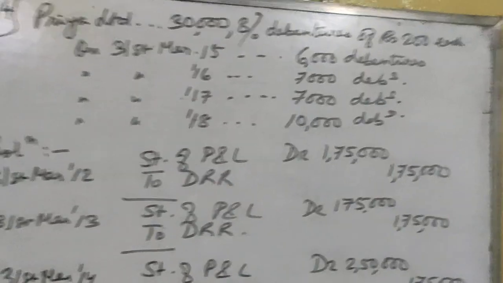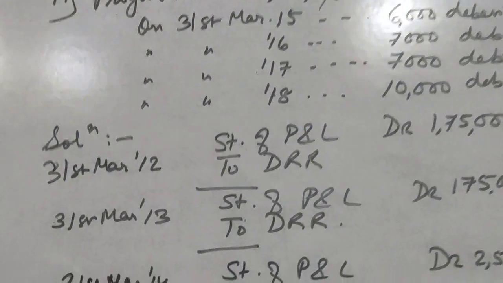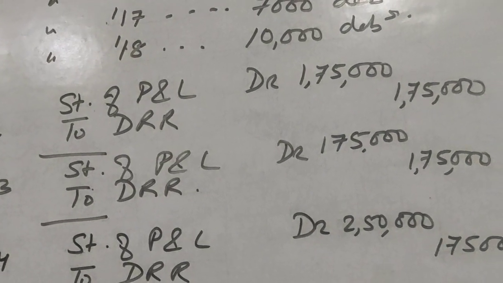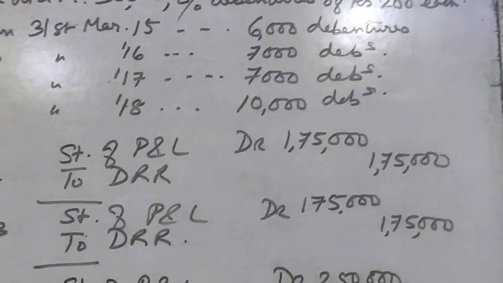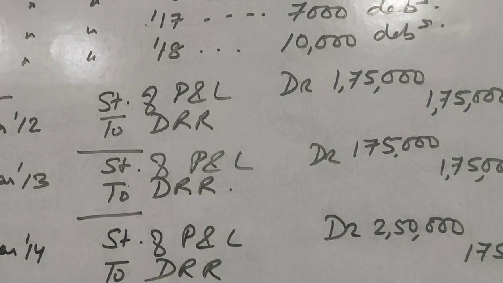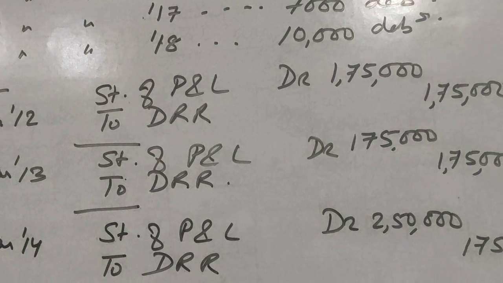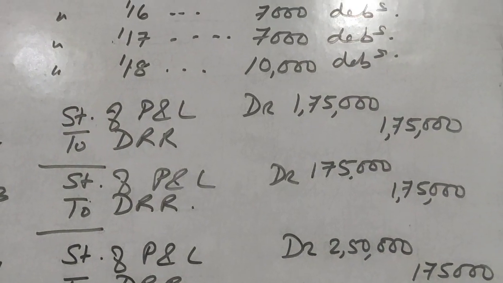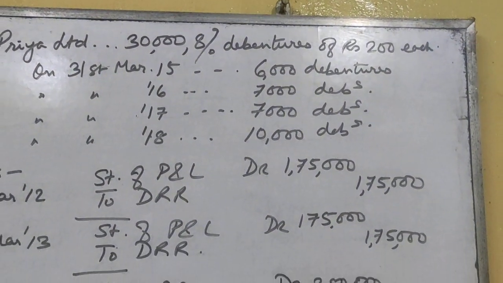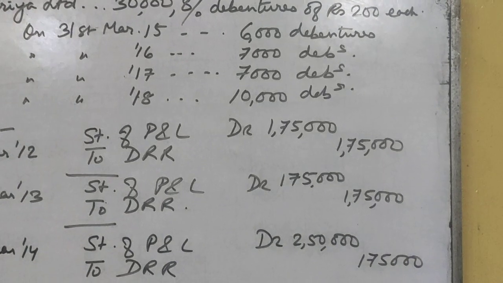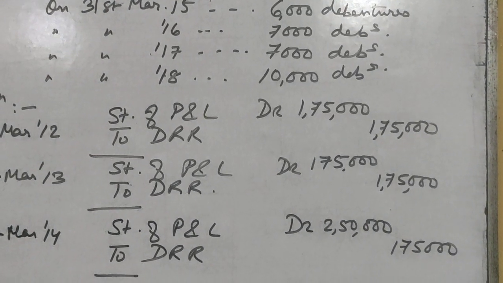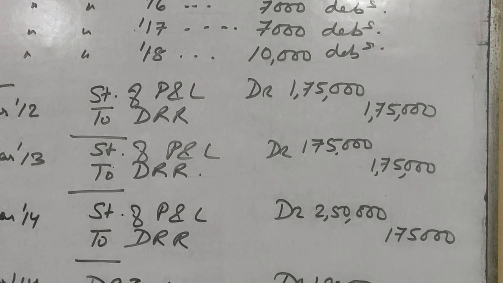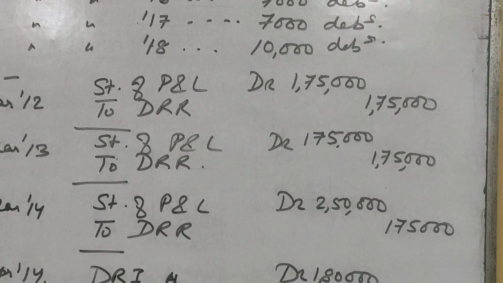If you look at the value of the debentures, 30,000 debentures of rupees 200 each, so it comes to 30,000 into 200. That comes to 60 lakh. So 10% of that will be 6 lakh. Now we have already made debenture redemption reserve of 1,75,000 plus 1,75,000, that is 3,50,000.